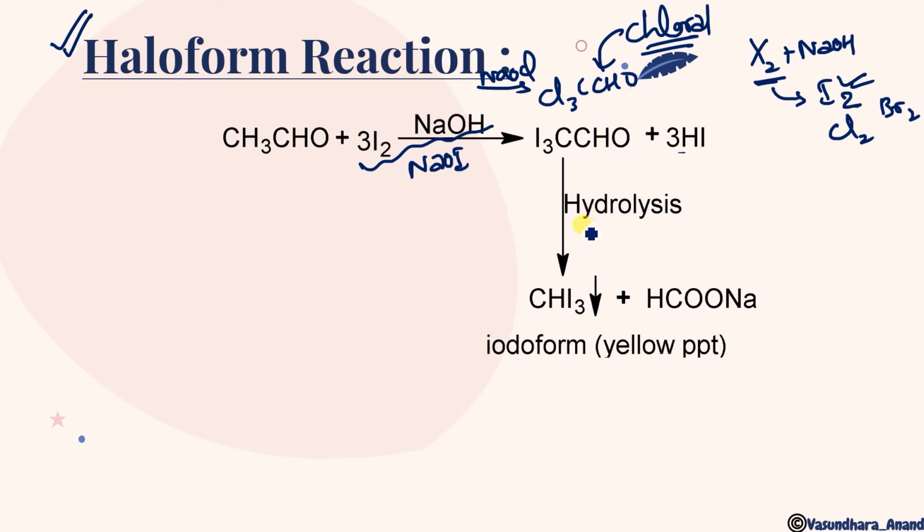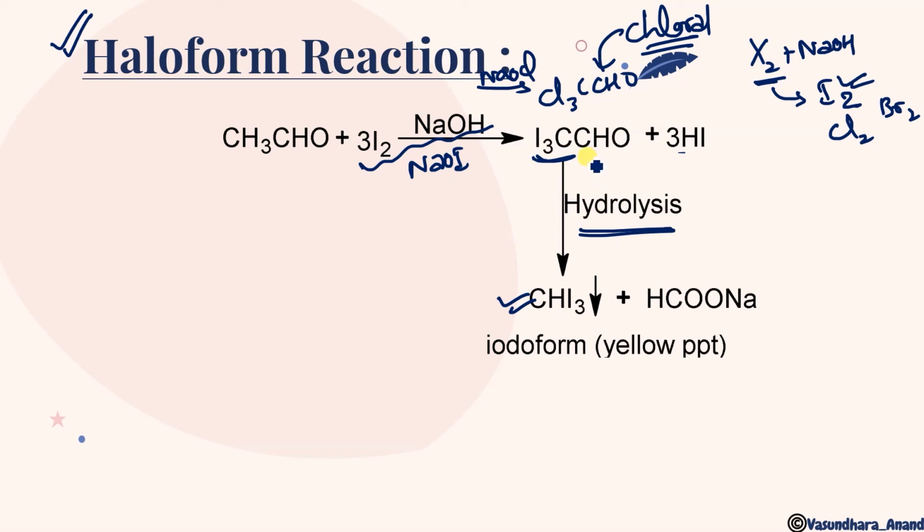When it undergoes hydrolysis, next it will give you iodoform. One compound that forms is CI3 with one H attached, that is CHI3, and whatever part is left over here will form the salt of the carboxylic acid having the same number of carbons as the aldehyde. Got it?